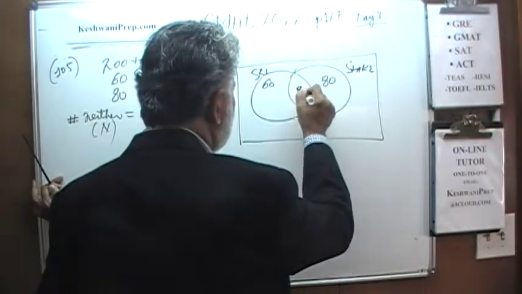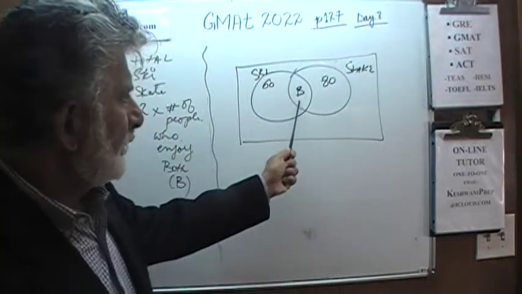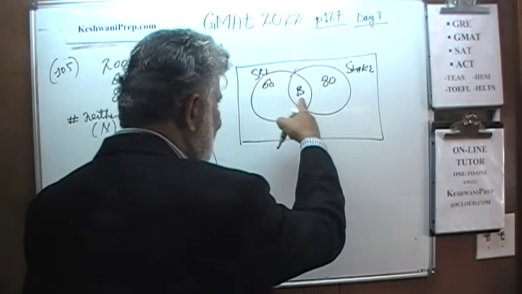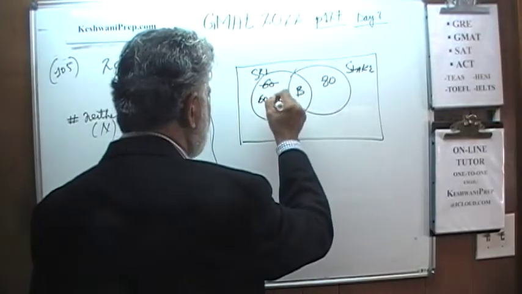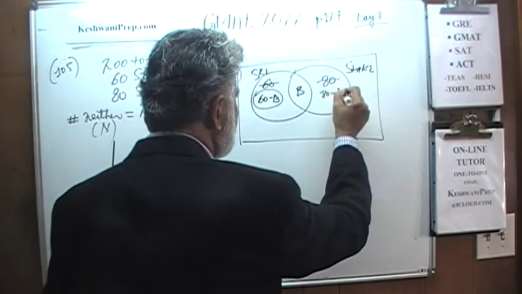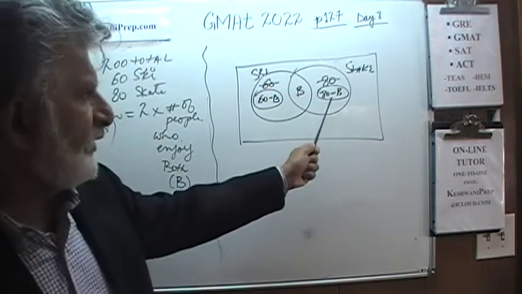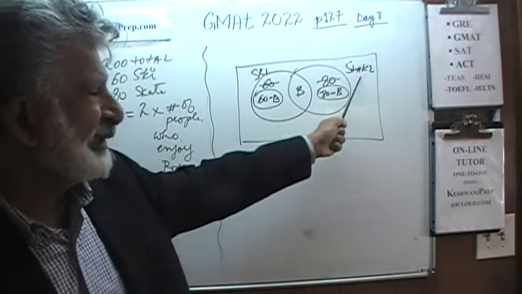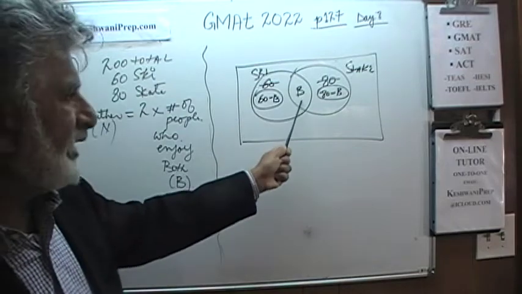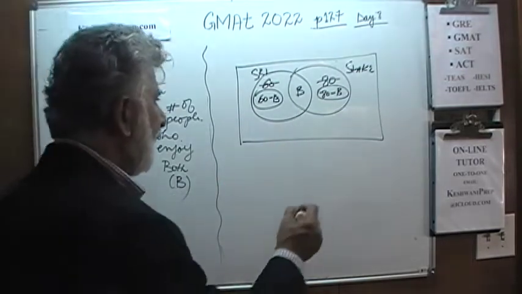This B appears in 60, so after we put in B here, this becomes 60 minus B. And similarly, this 80 becomes 80 minus B. That's how many people prefer skating only. 60 minus B prefer skiing only, B number of people prefer both, and N number of people prefer neither.